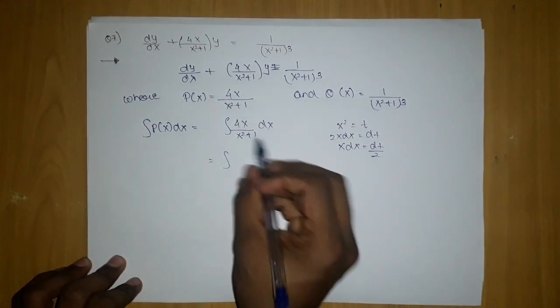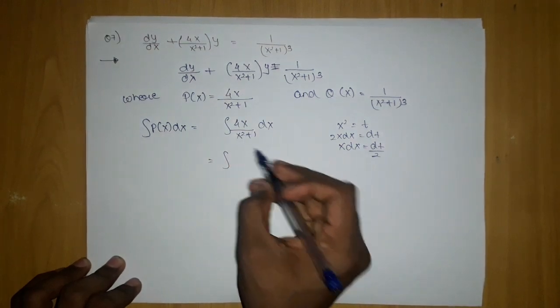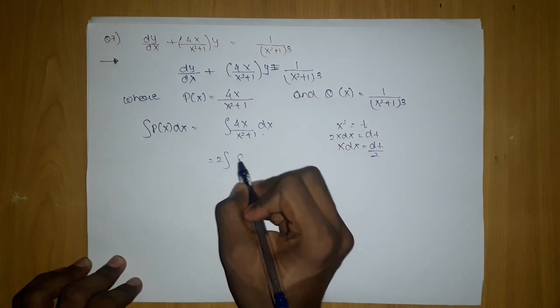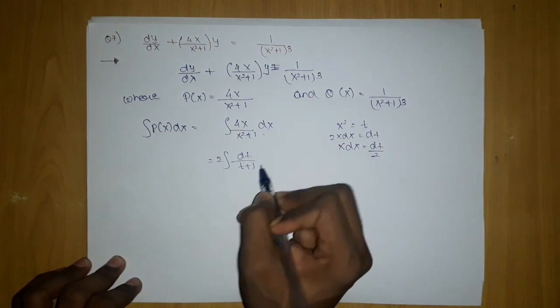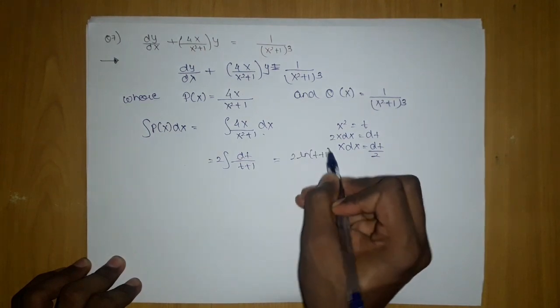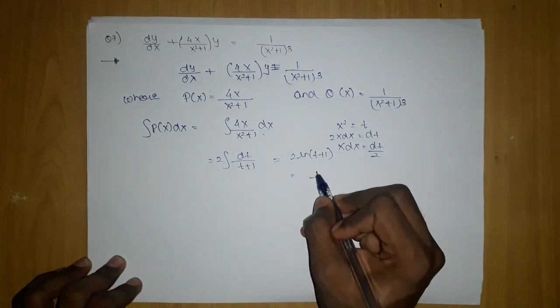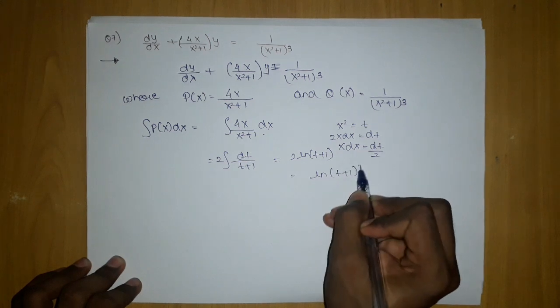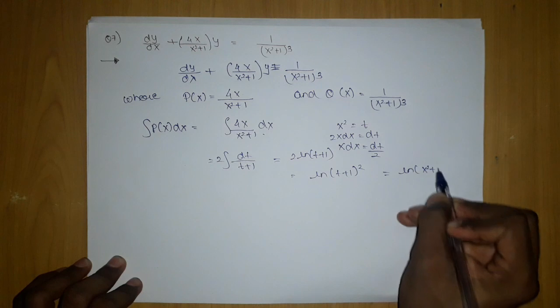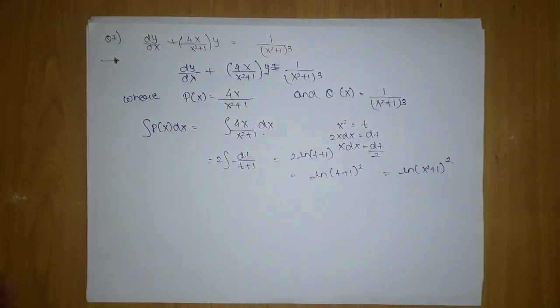Integral, this dt by 2 will cancel out with this 4, and 2 will move outside, and this will be dt by t plus 1. Now if you do its integration, 2 into ln t plus 1, if you move the 2 that side, it will be t plus 1 the whole power 2, and now if you resubstitute the t value, it will be ln x square plus 1 the whole square. So you are getting this answer.